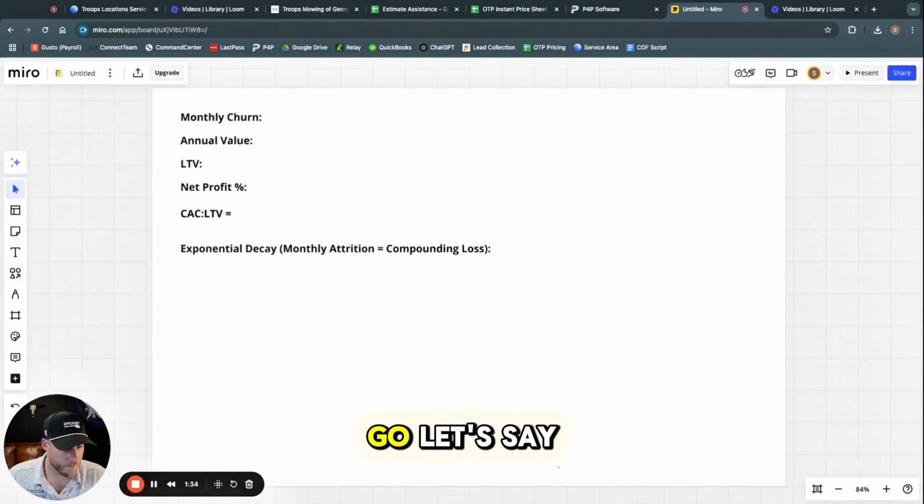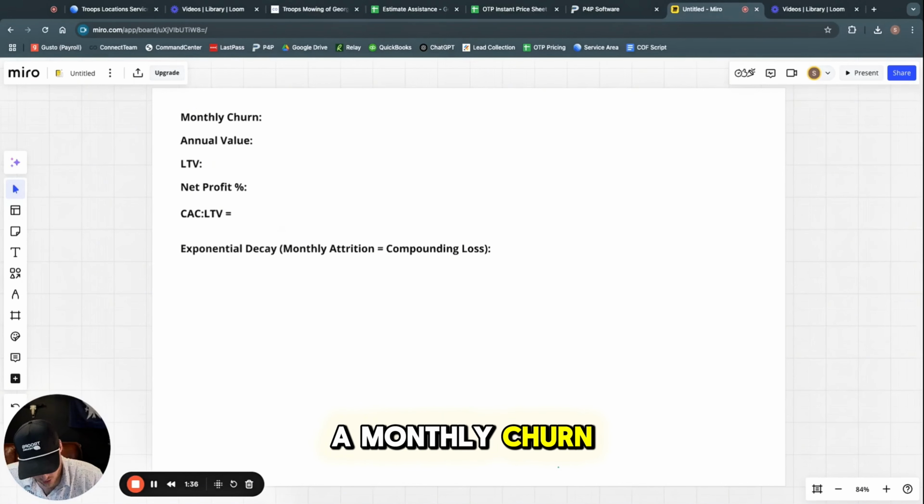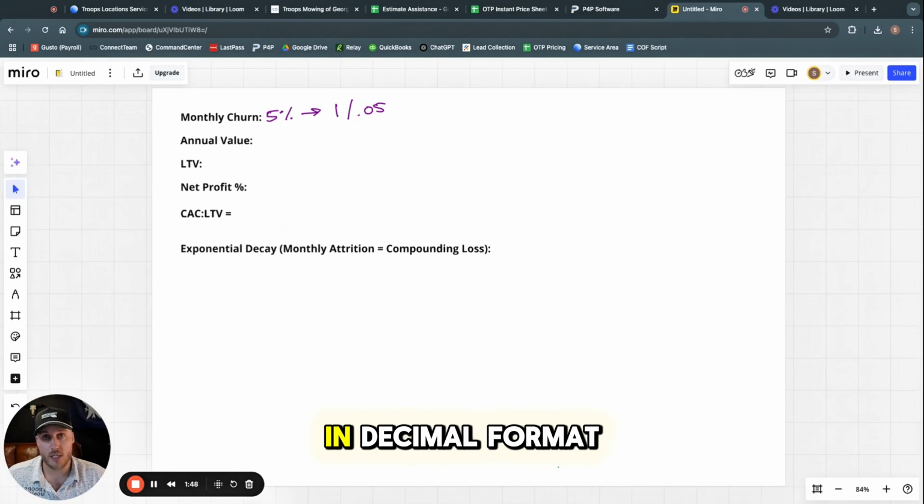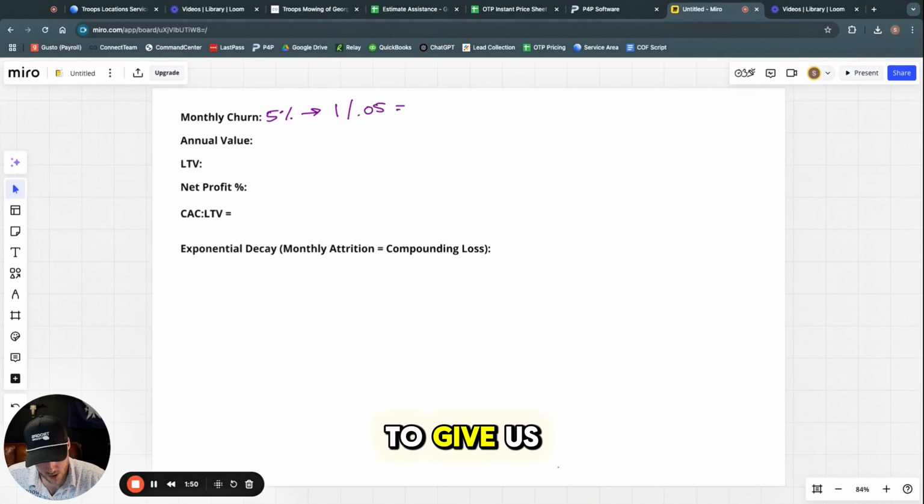So here we go. Let's say that you had a monthly churn of 5%. If we take 1 divided by our monthly churn in decimal format, this is going to give us 20. Now, 20 what?